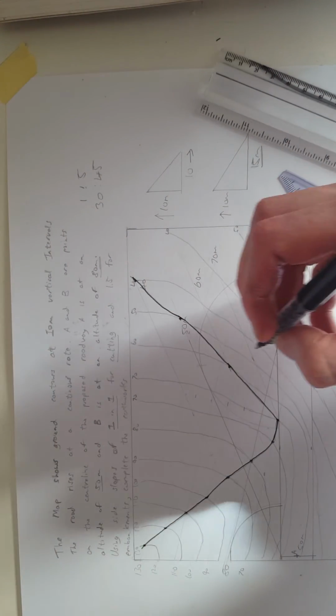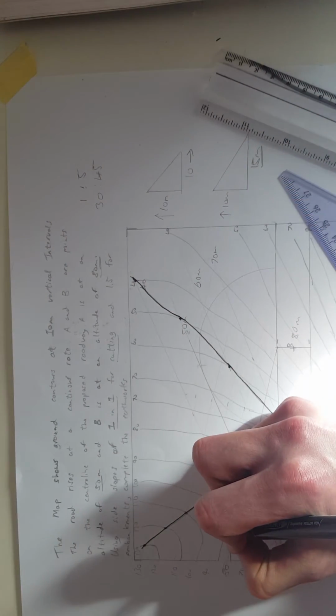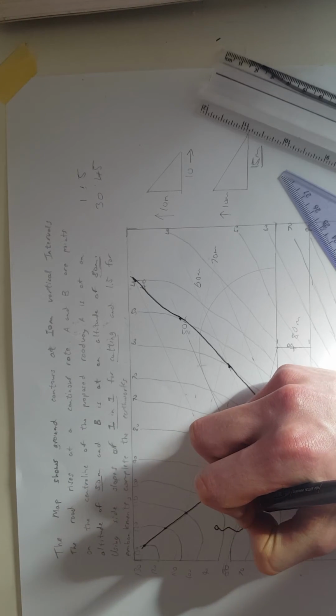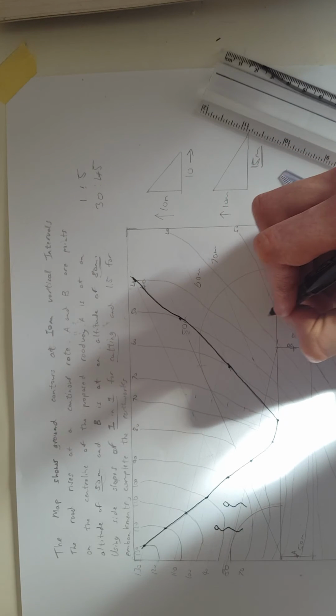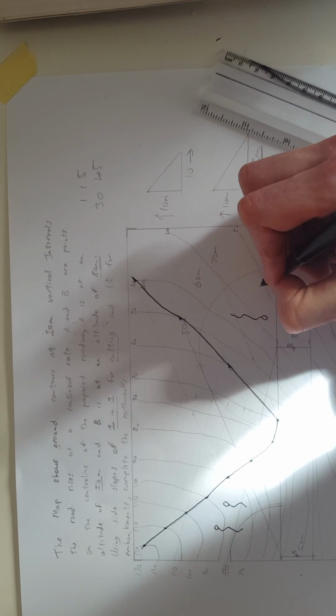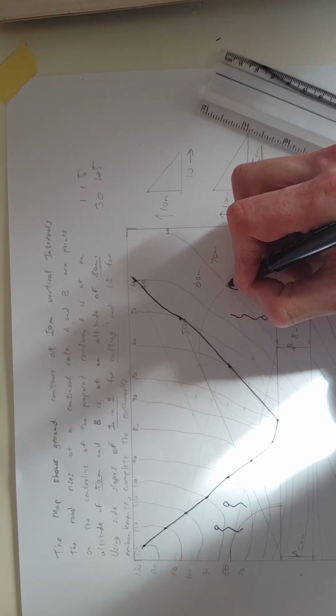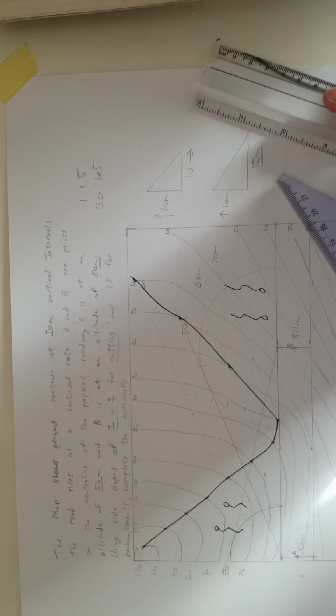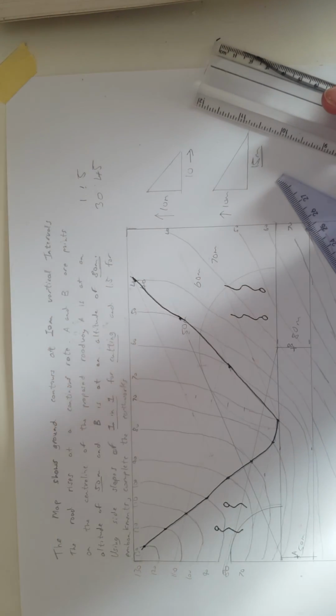And we'll draw in our little tadpoles to represent the fill and the cut. So that's fill, tadpole going in the way, and cut, tadpole swimming out the way. Okay, so that is the question completed.